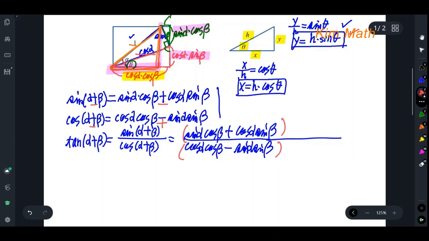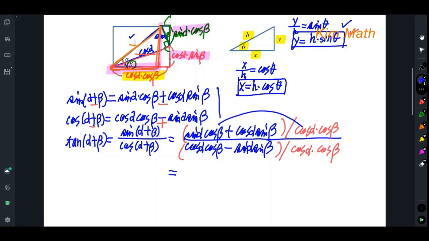now for simplicity, I will divide the numerator and denominator by cosine alpha cosine beta. Then we have a very interesting result. When you divide this one by distributive property, please note that cosine beta will be cancelled out.